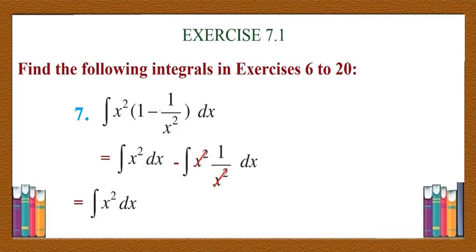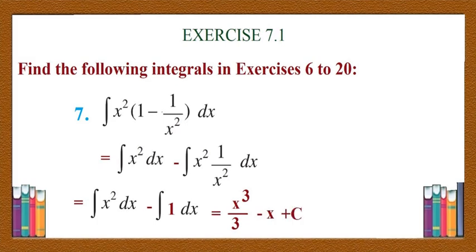You will have integration of 1 dx. And integration of x square dx is x to the power 3 divided by 3. We have the formula for integration of x to the power n: integration of x to the power n is x to the power n plus 1 divided by n plus 1. Therefore, answer is x to the power 3 divided by 3 minus x plus c is the answer for this question.